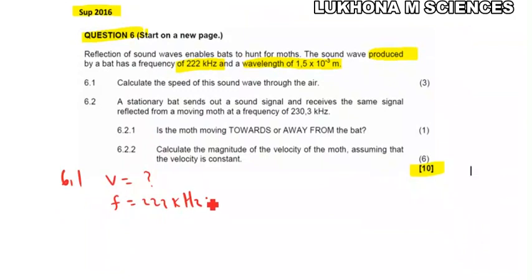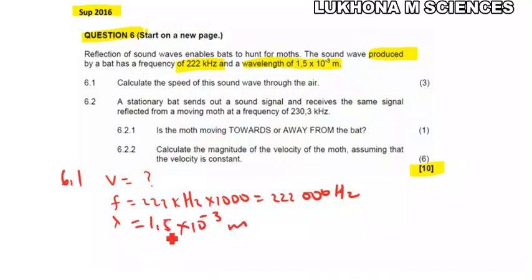We multiply by 1000, then we get 222,000 hertz. Then we're also given the wavelength, that is lambda, which is 1,5 times 10 to the power minus 3 meters.